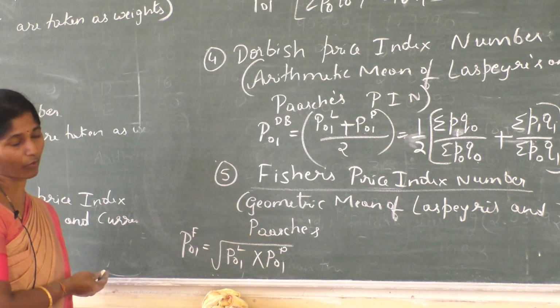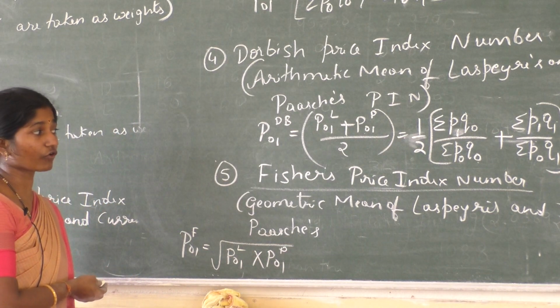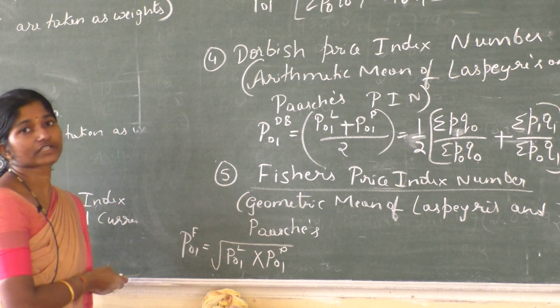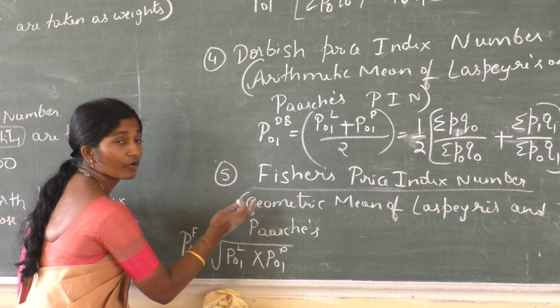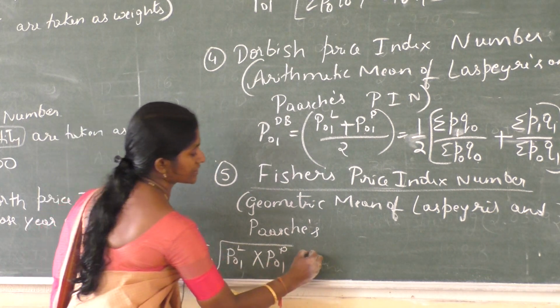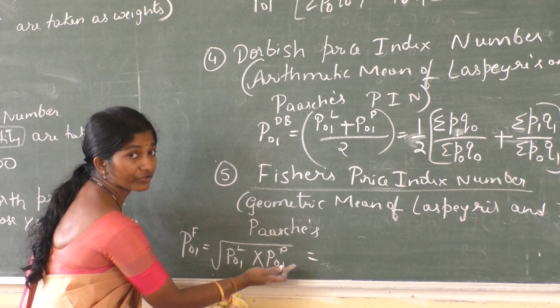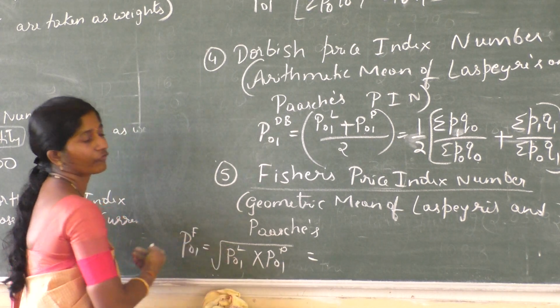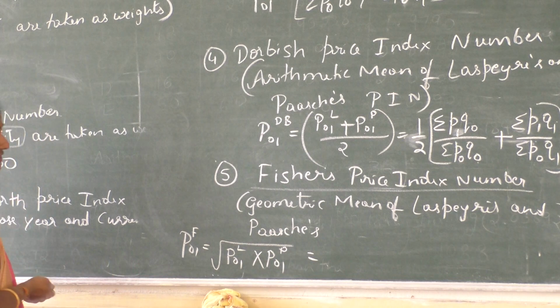This is very important, and Fisher's index number is more in use. We do not write into 100 because it is already calculated; multiplying by 100 means expressed as a percentage.